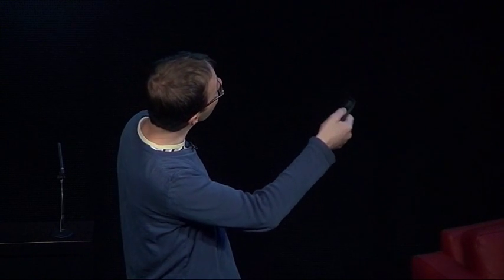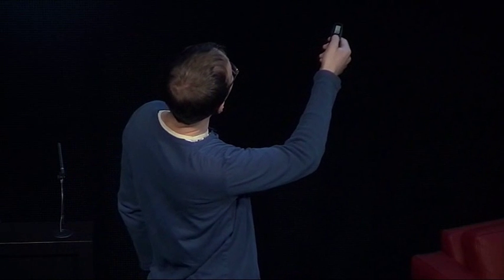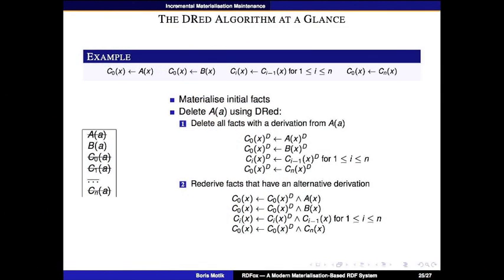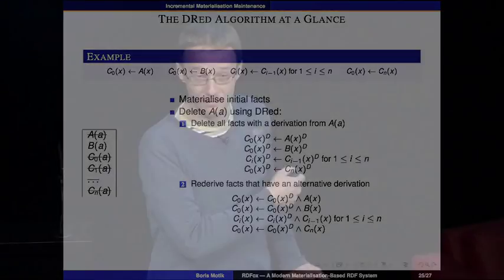And then for each of these rules, you get a version of the rule which essentially says, propagate these deletions onward. The main problem here is that you can have multiple derivations. For example, here A(x) and B(x) both imply C0. But this is now incorrect, because at this point, B(a) stays, essentially.